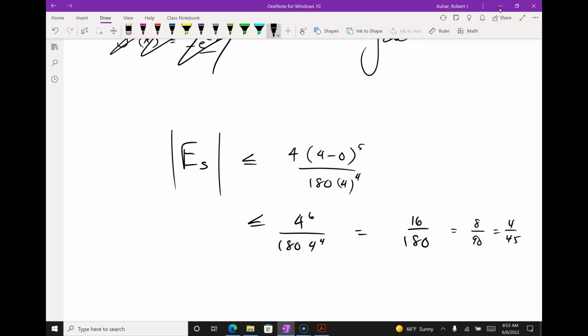Yeah, point oh eight repeating, right? So my error is at most 0.09.